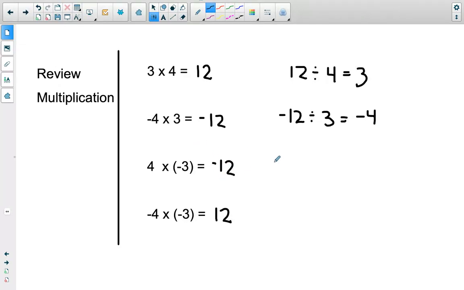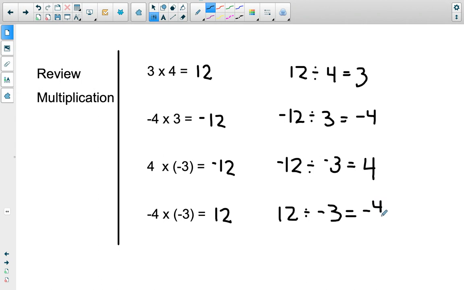And then looking at this one, I have negative 12 divided by negative 3, which will equal positive 4. And lastly, I have a positive 12 divided by negative 3, and that will give me a negative 4.